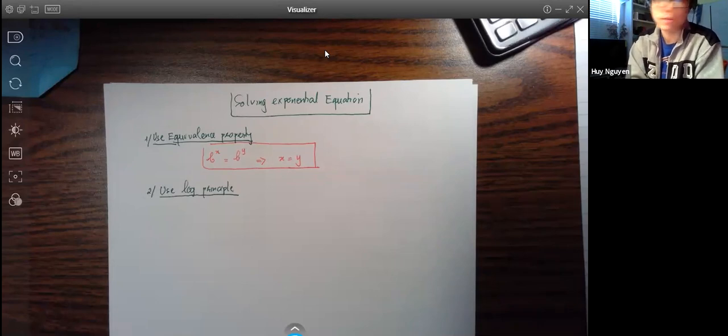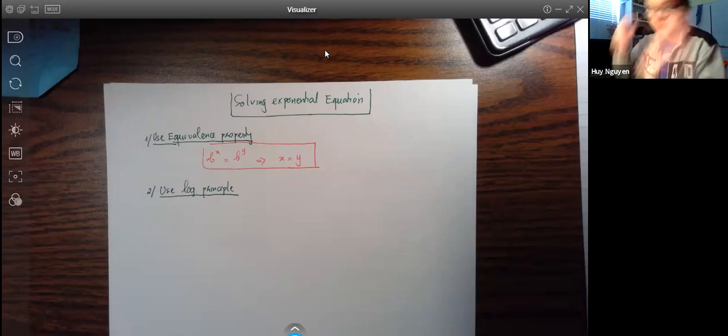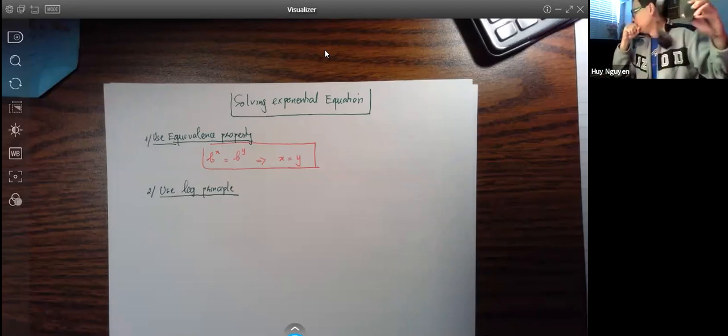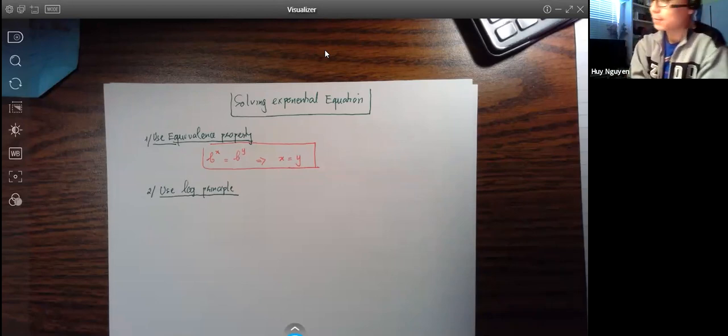What is the log principle? Anyone? It's very important. If you don't know the log principle, then you cannot solve exponential equations. So you must know it.